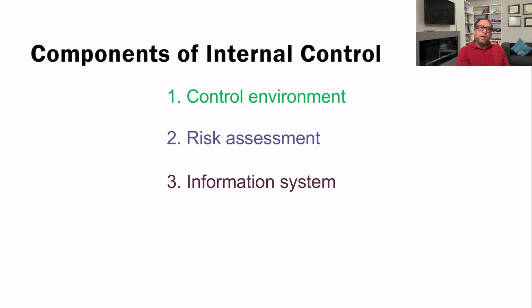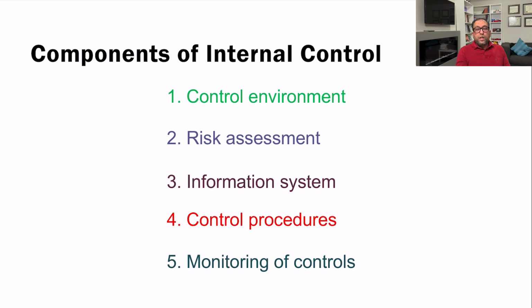Information system: develop a system of information and communication among the employees in such a way that there is no miscommunication, as well as no deadlocks, and everyone knows what is happening or at what level they need approval or authorization. So that's a very clear set of control procedures. They have to develop the policies, and then monitoring of control. So these are the basic cornerstones or landmarks for the internal control system.